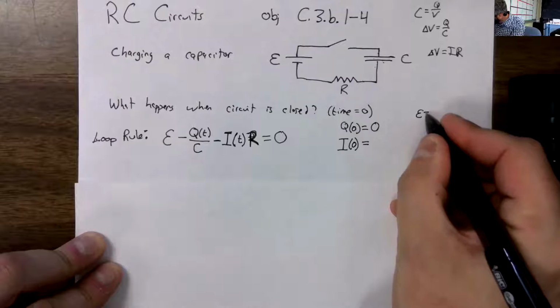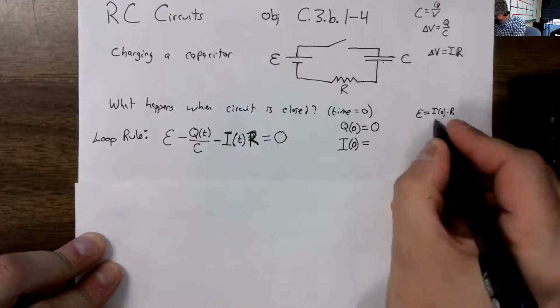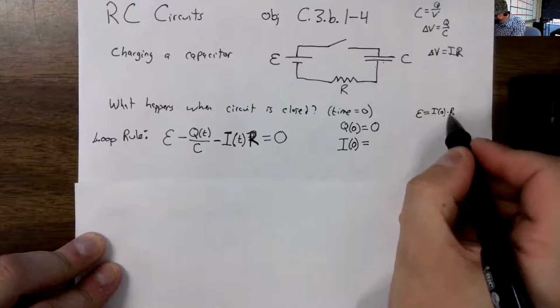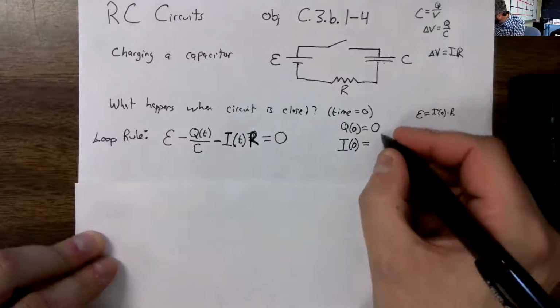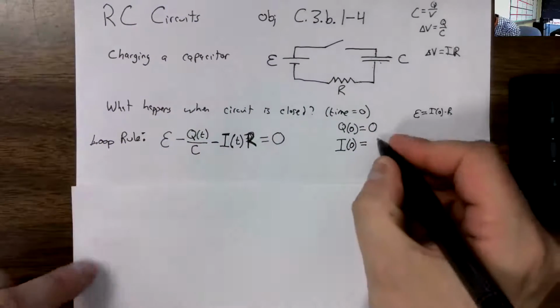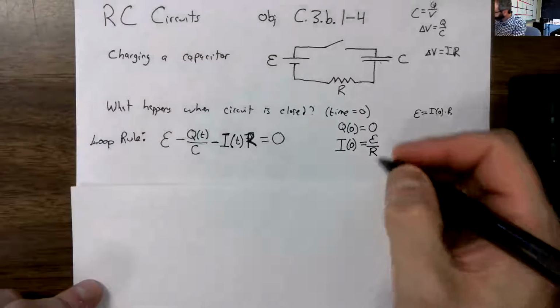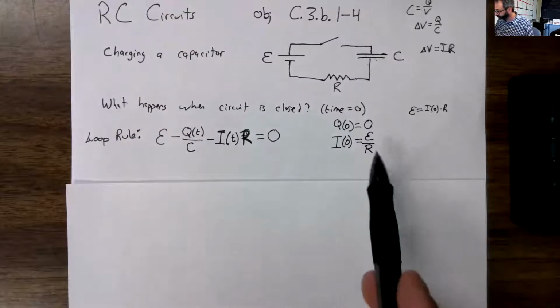So E equals I of 0 times R, which means our current at 0 is just the EMF divided by R, just what you'd expect if there was no capacitor in the circuit at all. And that'll be our maximum current.